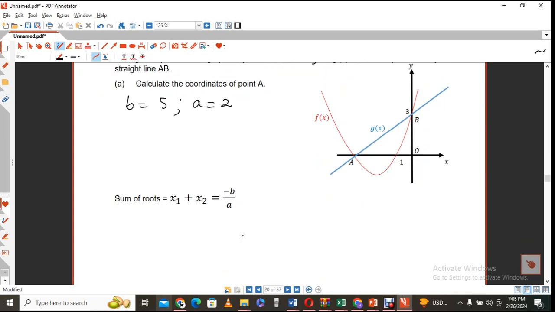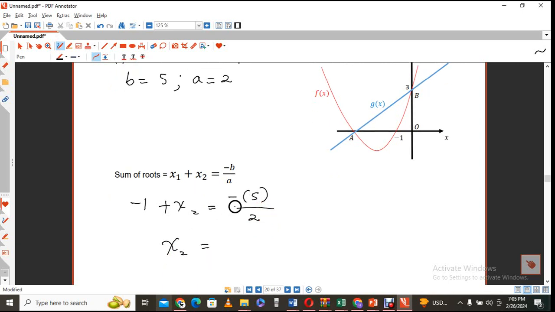So the sum of the roots, I know one is −1, I don't know the other one, and minus b over a is −5 upon 2.